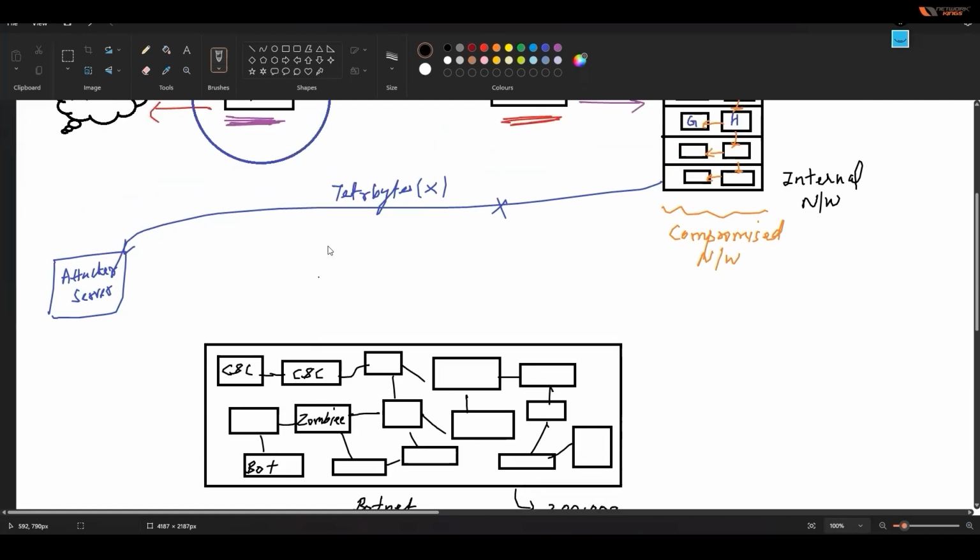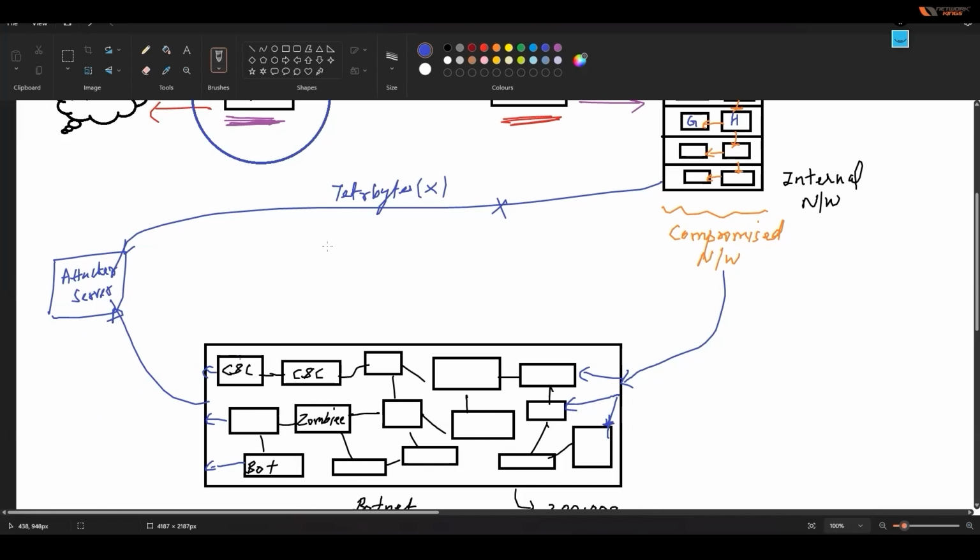So from this particular network, I started retrieving the information from your internal network. I started sending information to every system in very small bytes, and then through these to my server.